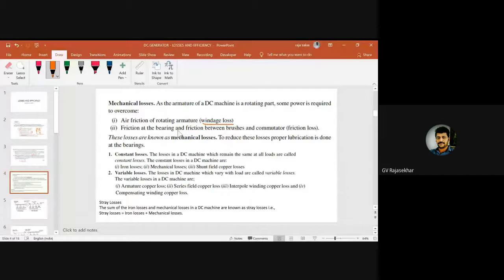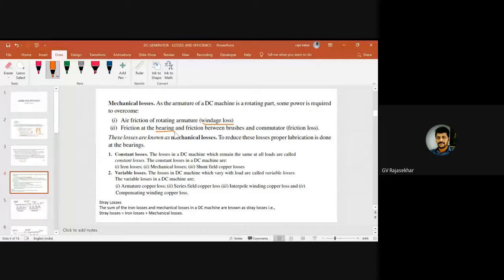Then there is friction at the bearings, because we rest our armature on a shaft, and the shaft is mounted with the help of bearings, just as a ceiling fan rotates with the help of bearings. Likewise, we mount the shaft inside the stator of a DC machine with bearings.